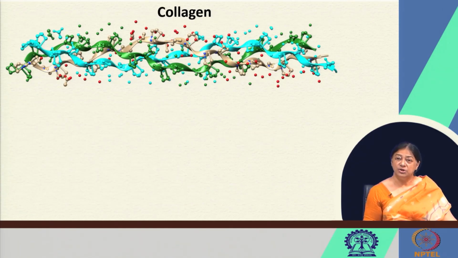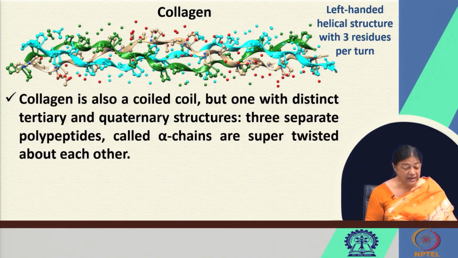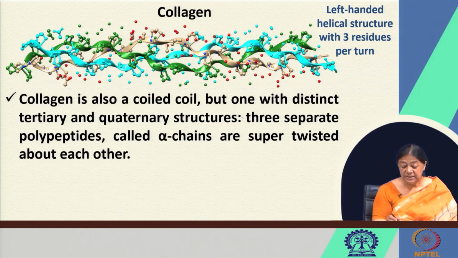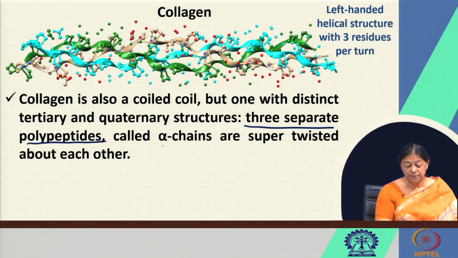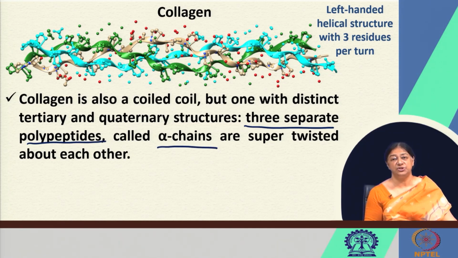If we look at collagen, another muscle protein, this is a left-handed helical structure with 3 residues per turn, indicating that it forms a 3-10 helix. But here also we have a coiled structure, and the specific characteristic is that there are 3 separate polypeptides, each of them called alpha chains, that are super twisted about each other.